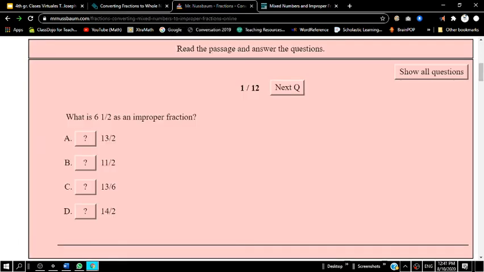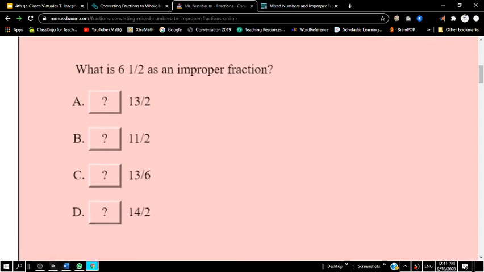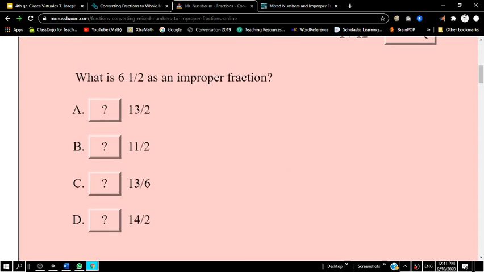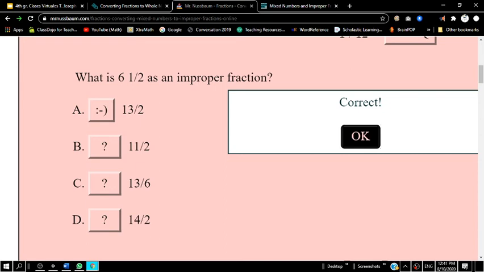This one's also pretty simple. It says there's a mixed number that you have to change to an improper fraction. 6 1/2. Well, we know that 6 is the same as 2 halves times 6, which is 12 halves, plus 1/2, so 12 plus 1 is 13, so 13 halves.